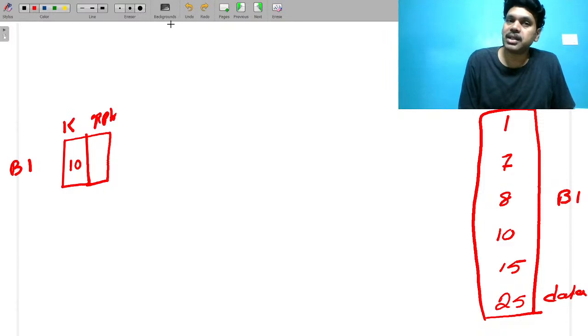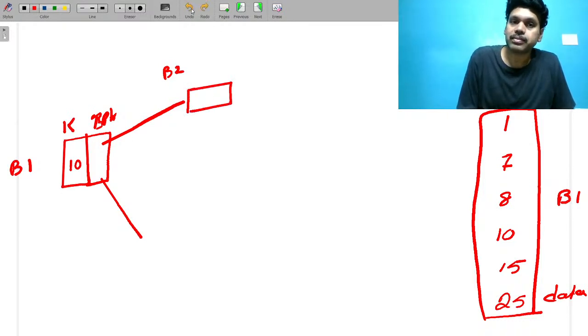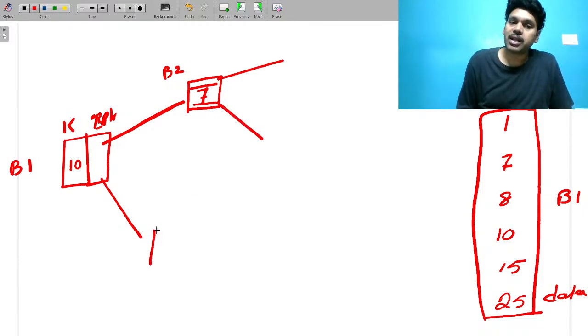So we are maintaining simply block pointers only. Therefore what will happen? It is pointing that side, it is pointing this side. Now block 2, there is a 7, and it has two block pointers. And there is another node.